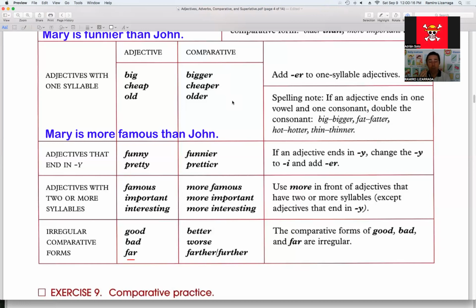Hago hincapié en eso porque como nosotros somos, por ejemplo, 6 aquí en esta videoconferencia, si yo quisiera comparar quién de todos nosotros vive más lejos de los Mochis, no puedo usar la forma comparativa.